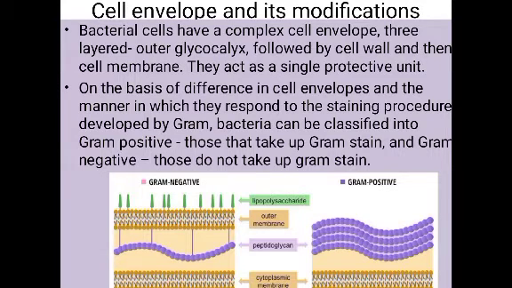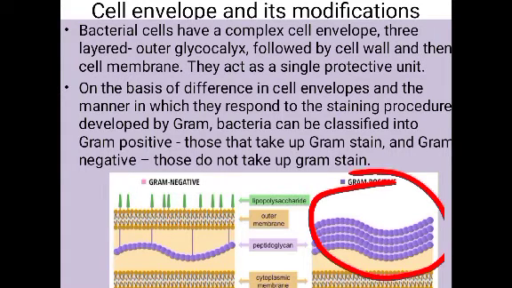Okay, see this is the Gram positive bacteria. Here you can see this is the outer cell wall. Okay, this is the cell wall which is purple in color. It is due to the taking in of the Gram stain. So when they are taking the Gram stain, their cell becomes colorful and they are the Gram positive bacteria.